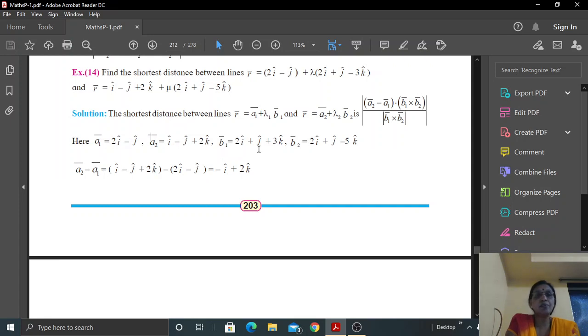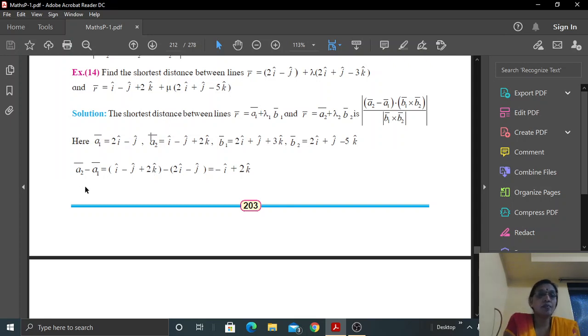B1 bar is 2i cap plus j cap minus 3k cap. Next, B2 bar is 2i cap plus j cap minus 5k cap.